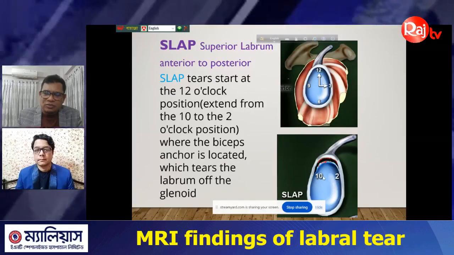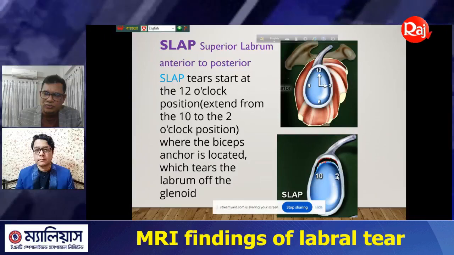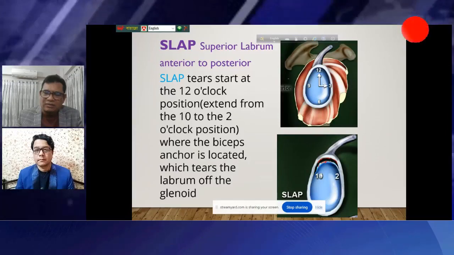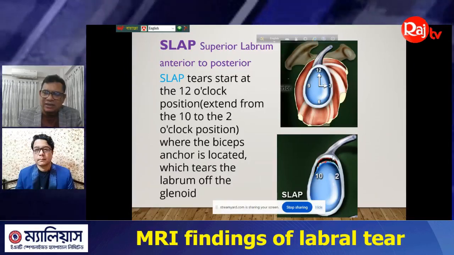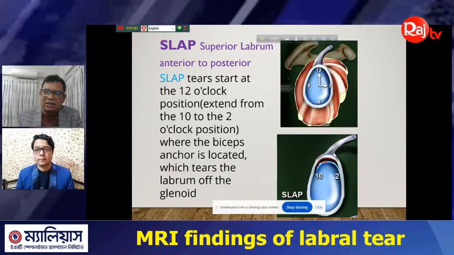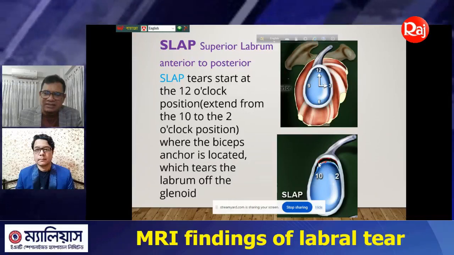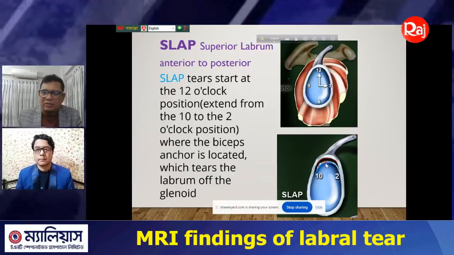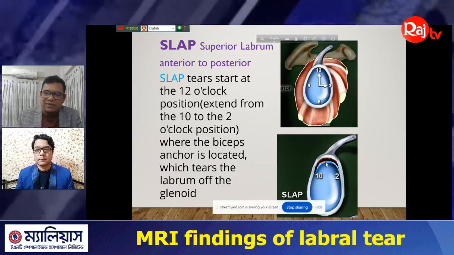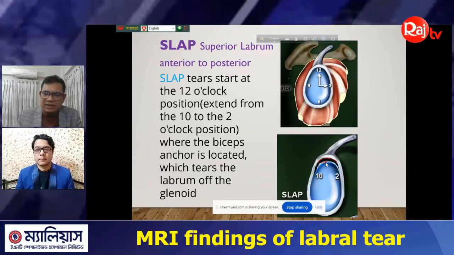That means a superior labral anterior to posterior tear occurs from 10 to 12 o'clock position. At the 12 o'clock position, the biceps tendon is attached. And in a type 2 labral injury, it is detached from the glenoid rim.